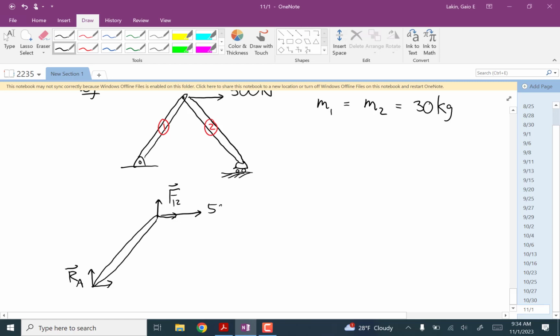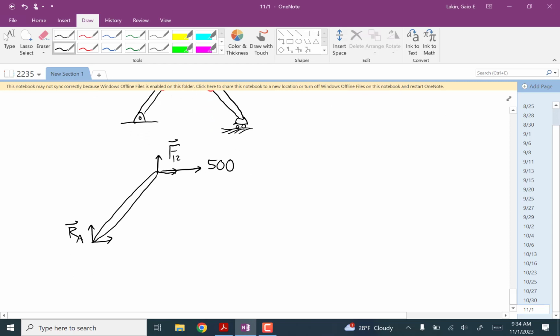And you'd have this 500 Newton force. But you'd have one other thing. You'd have a distributed load like that.